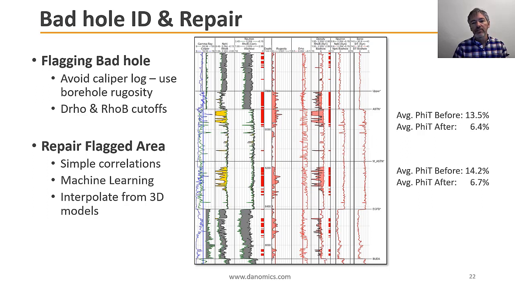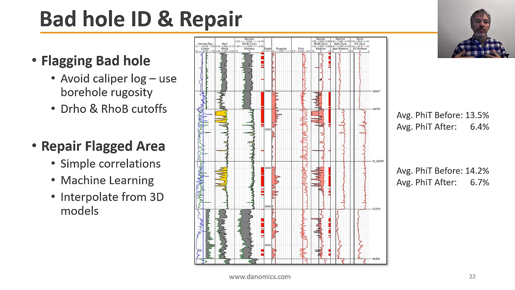The reason is that hole size can vary from well to well, with depths. They're not always going to use the same hole size in the same interval. So trying to set a fixed cutoff on the caliper log is often going to lead to misrepresenting what is good and bad data.